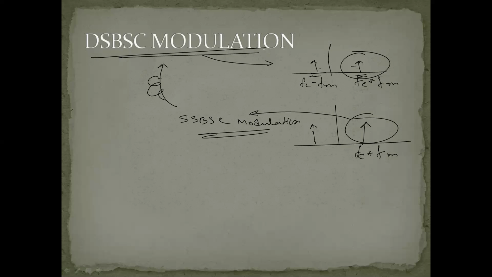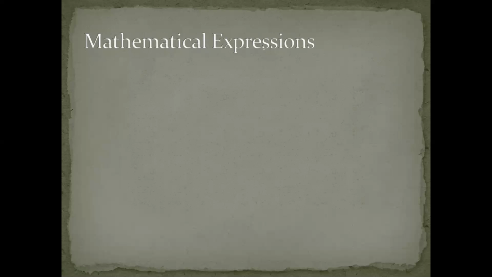So in this case, both the sidebands are present. Now we will see what will be the mathematical expression for double sideband suppressed carrier modulation. Let us say m of t is the modulating signal having the equation Am cos 2 pi fm t.